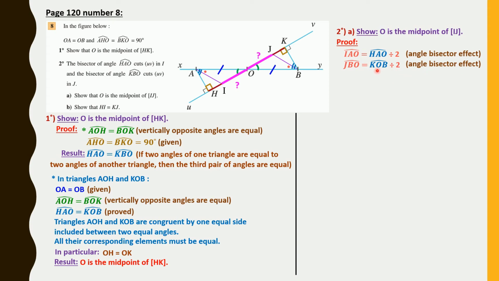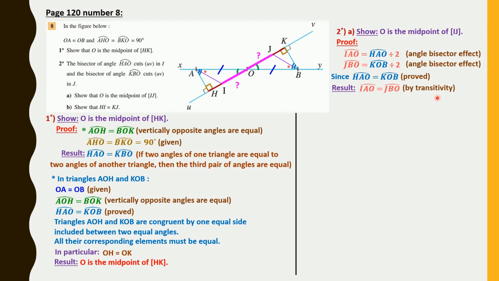Now we need to prove that these two quantities are equal in order to prove that these two angles are equal by transitivity. Since angle HAO equals angle KBO, which is already proved in question 1, by transitivity we can say angle IAO equals angle JBO.